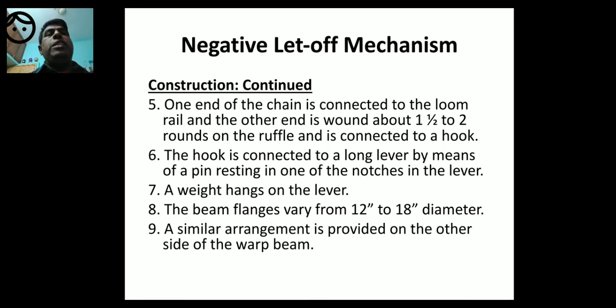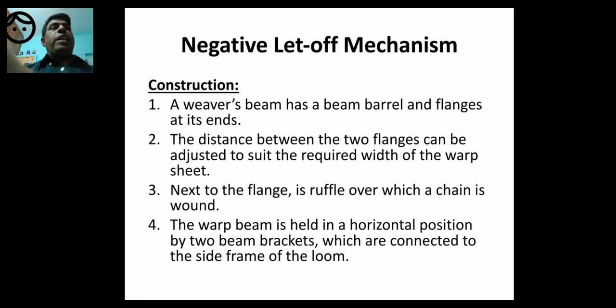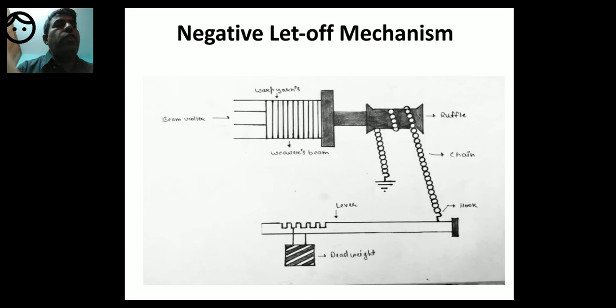So there is a chain which is connected to the ruffle: one end is connected to the loom rail, and the other end is wound about 1.5 to 2 rounds on the ruffle and is connected to the hook. Here you can observe the chain is connected to the loom rail.